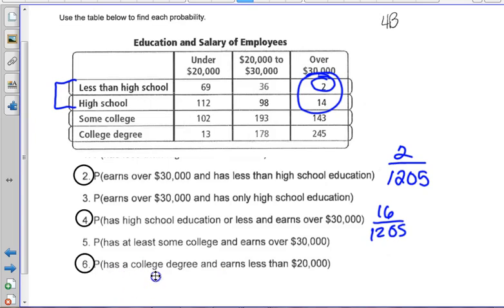Okay, has a college degree and earns less than $20,000. College degree and earns under $20,000 is just these 13, right?